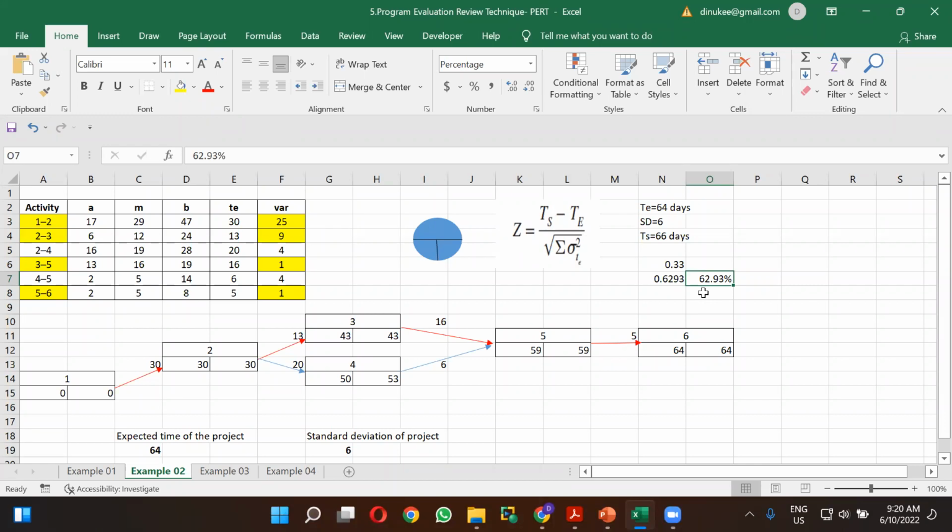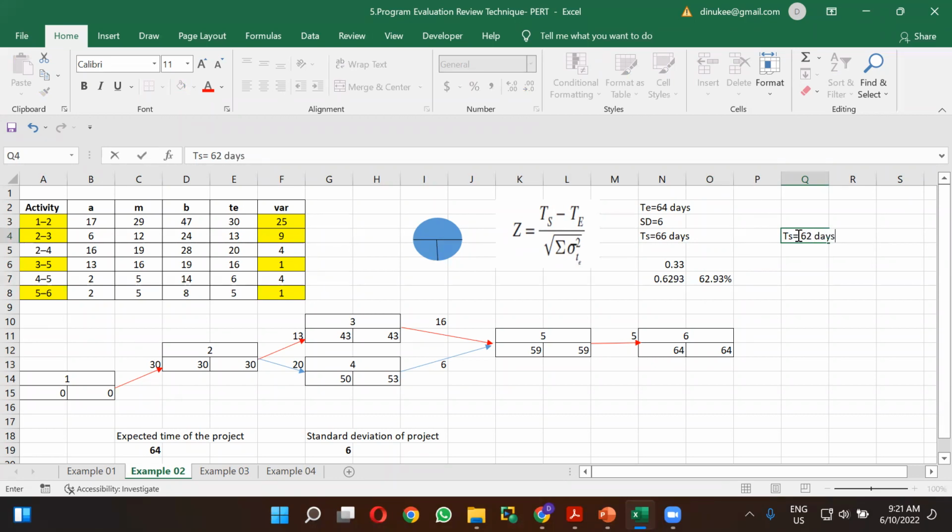So now please calculate if the schedule time is changed to 62 days. If the schedule time is changed to 62 days, what is the probability percentage of finishing this project?